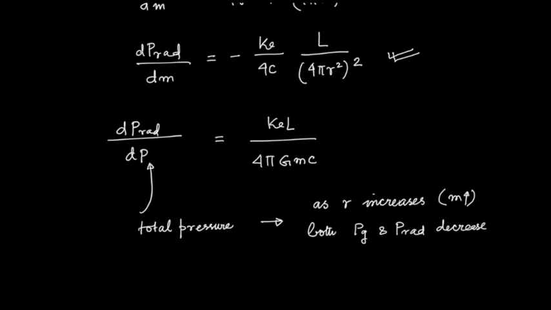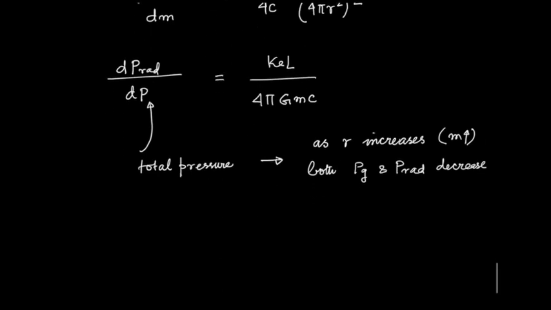Because remember, at the surface it is supposed to be almost zero if the star has to be stable. If at the surface there is a lot of pressure, imagine the pressure is more towards outside, then the star will blow away the outer part. That's what happens in a supernova, but we are talking about a stable star.